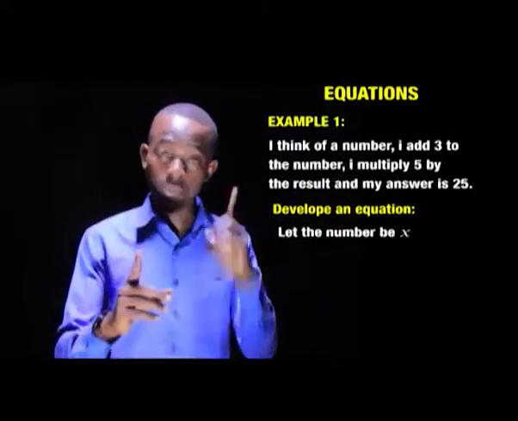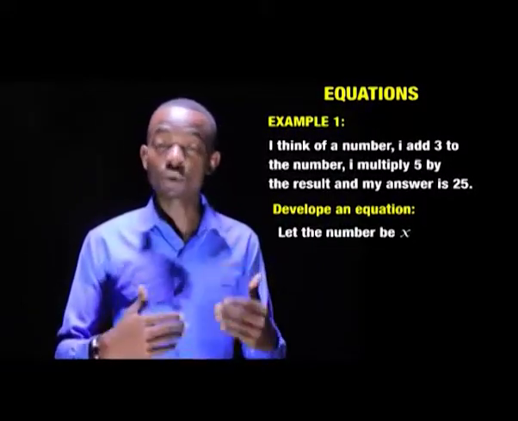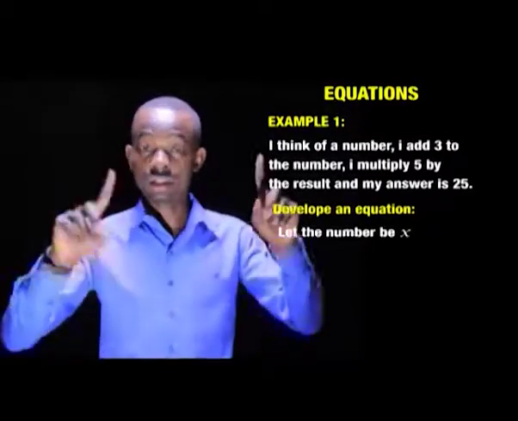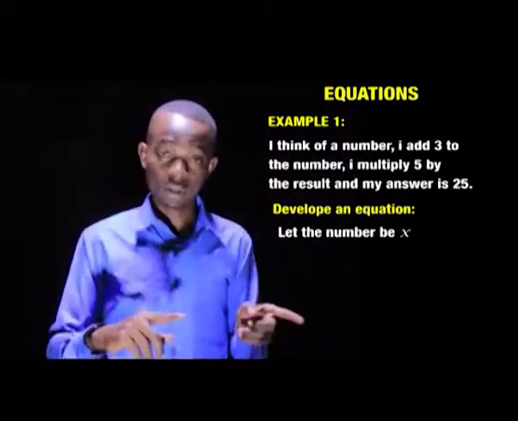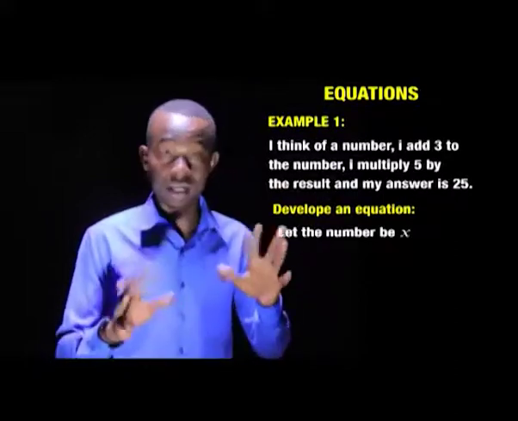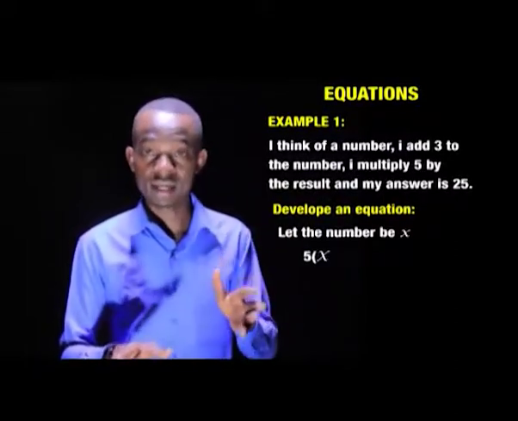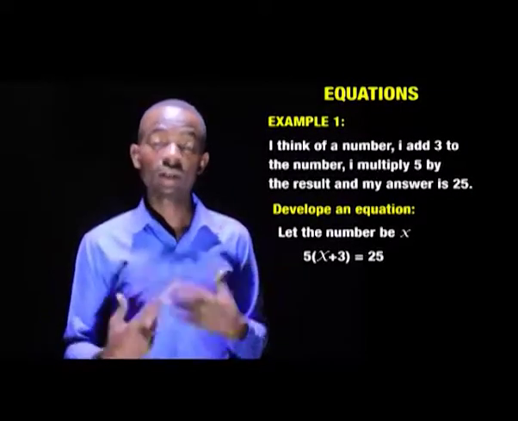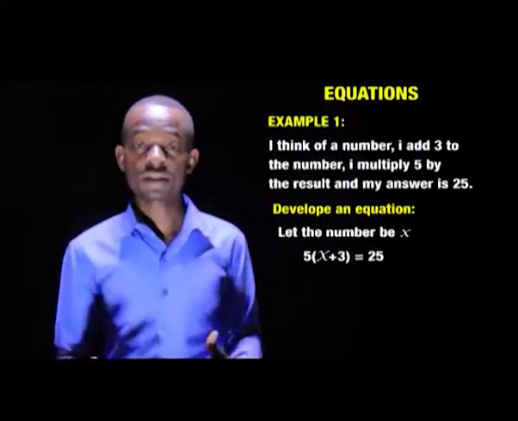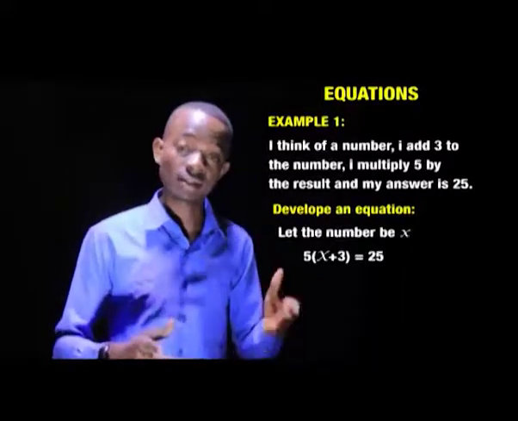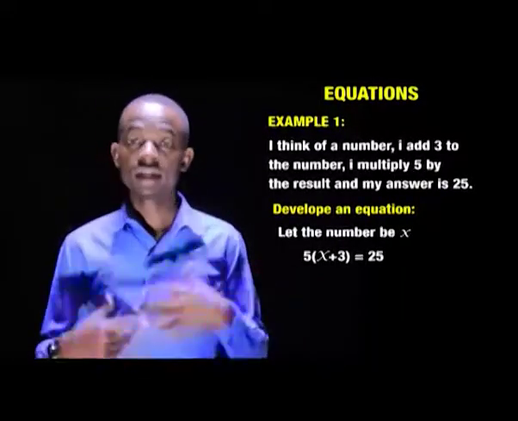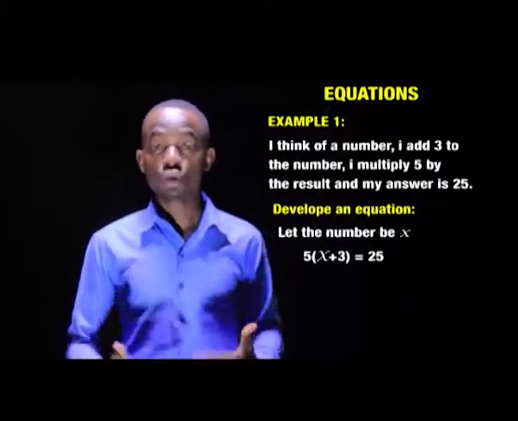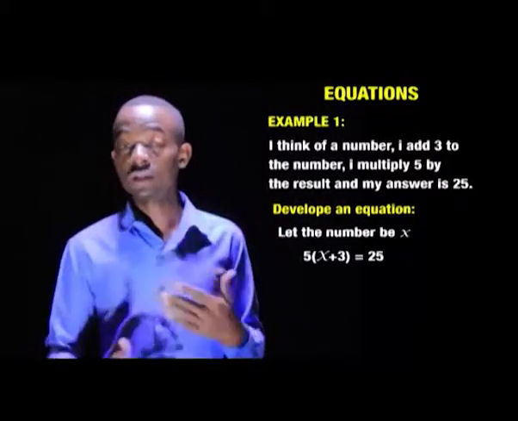That means that I'm going to multiply 5 by the whole of X plus 3. So I'm going to have 5 brackets X plus 3, and then equals 25. So my expression in this case is 5(X + 3) = 25. So I'm required to solve for the value of X.